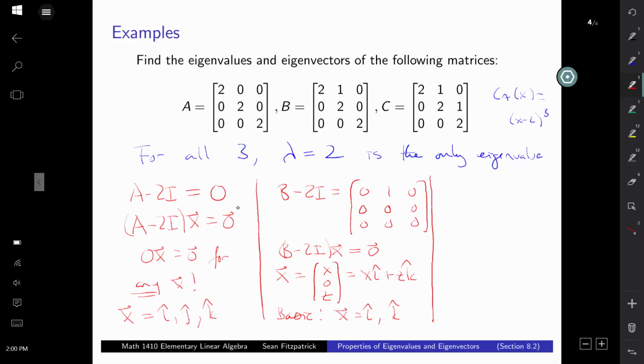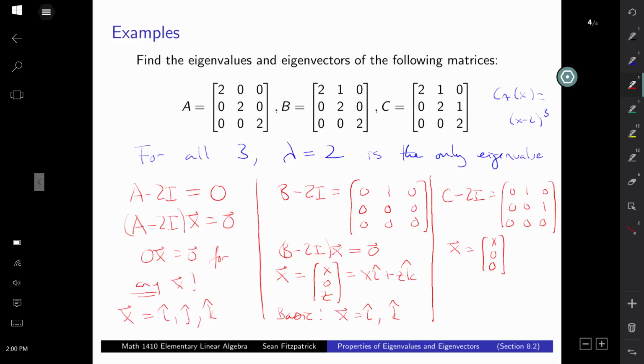And you might guess that for the matrix C, if I do C minus 2 times the identity, right, now I get this guy, right? And this time, if you were to play around and solve the homogeneous system, well, you can see that the first component can be anything because there's no leading one in the x column.